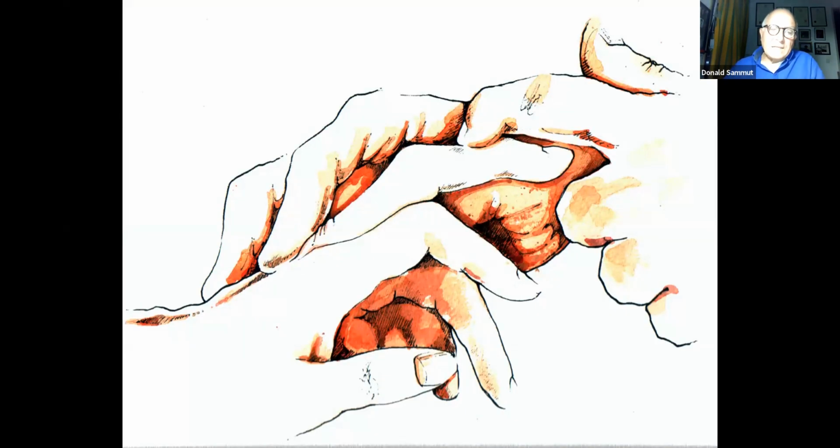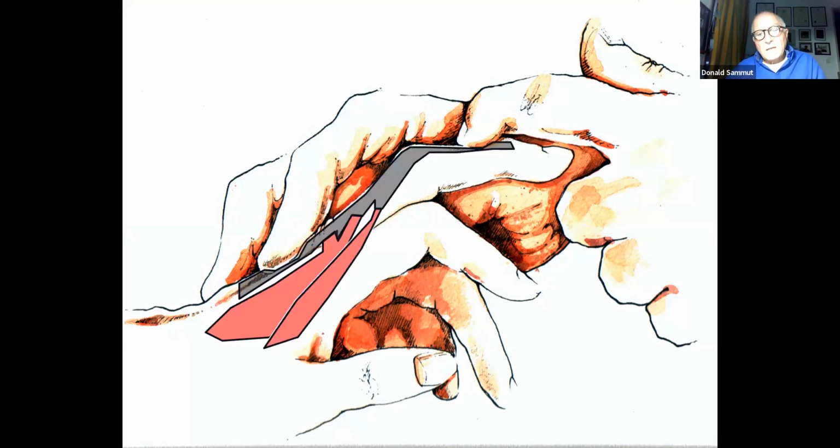And we test for this with the intrinsic tightness test. If we suspect intrinsic tightness, we extend the MP joint, and then we test for tension resistance to flexion of the PIP joint. So in this case, we are putting the interossei and the lumbrical on the stretch to maximize their pull, and then we test for the tension.